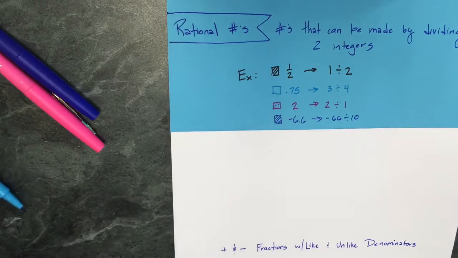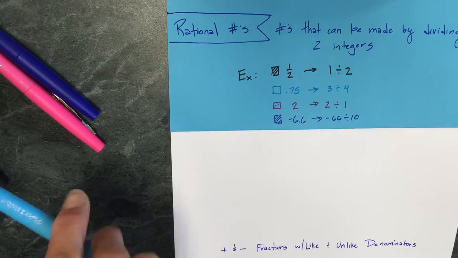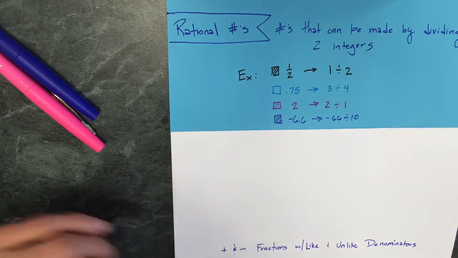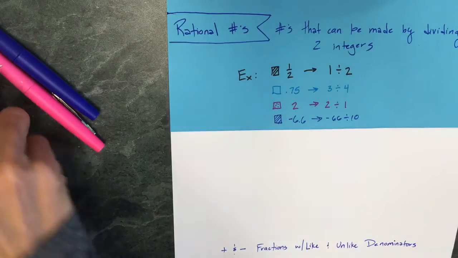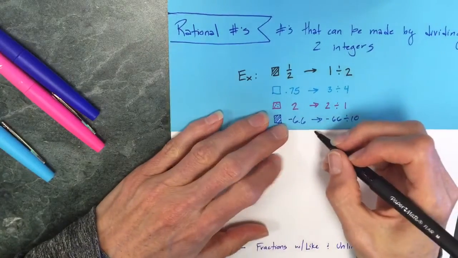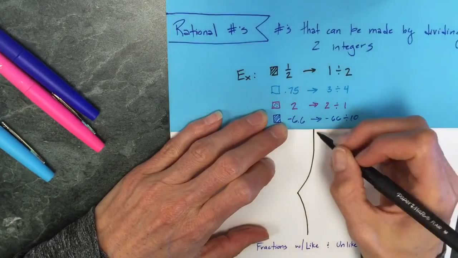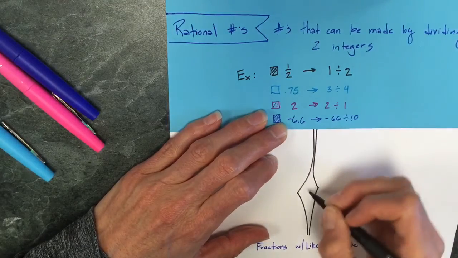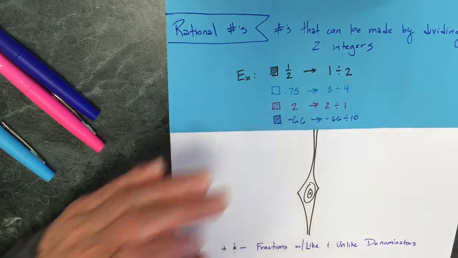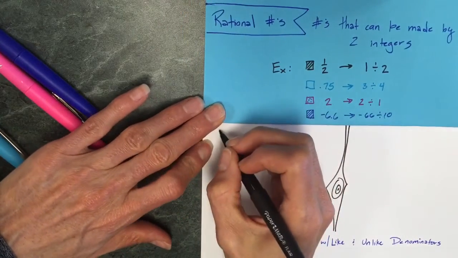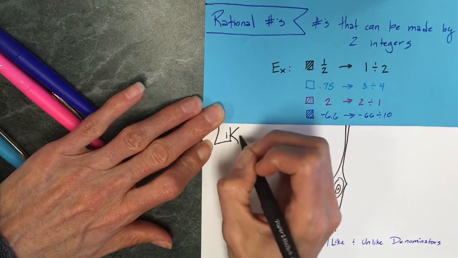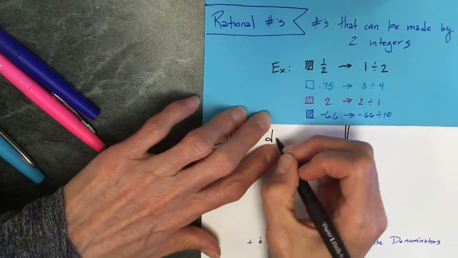All right, so down here we're going to talk about our adding and subtracting fractions. I'm going to divide this page in half. Okay, so over here we have adding with like denominators.